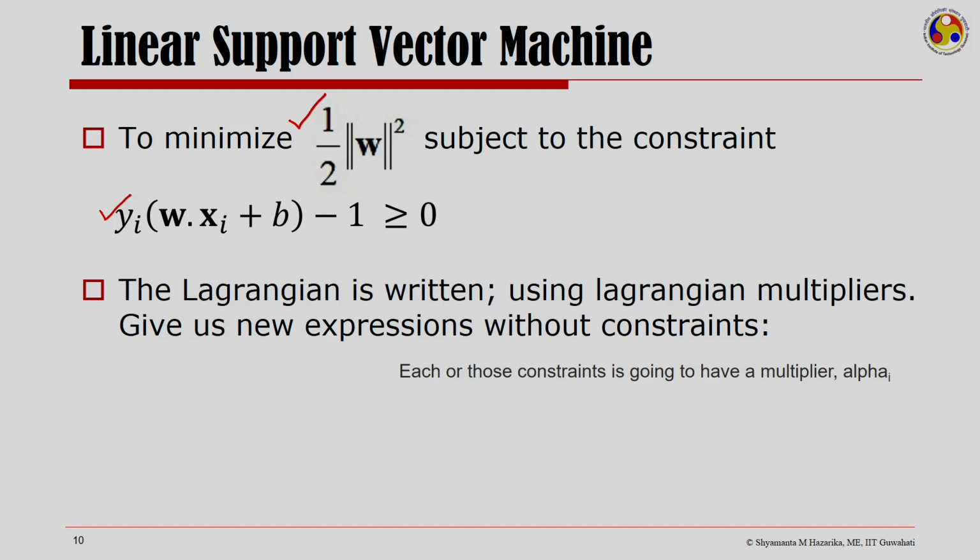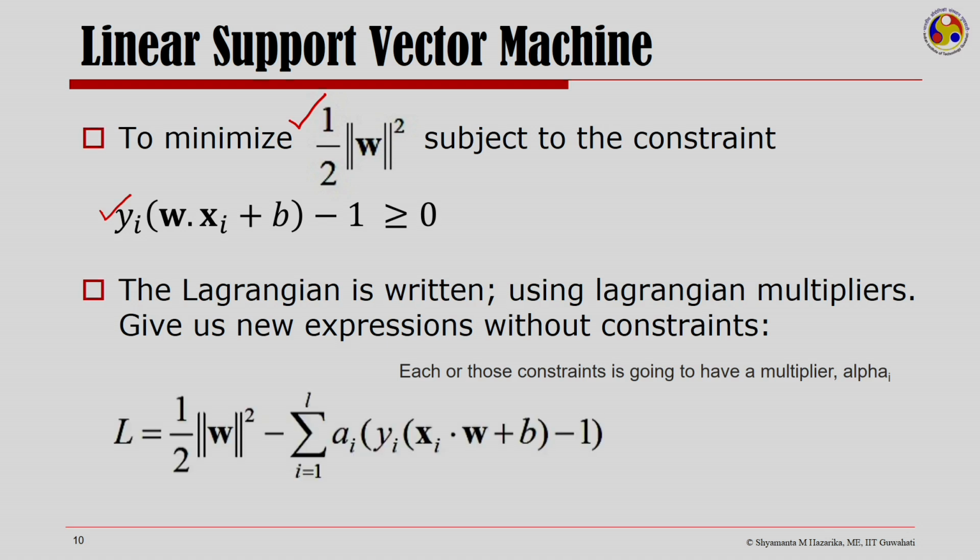Each of those constraints has a multiplier alpha i. Basically, we write the Lagrangian L as half of W square minus, for each of the sample points i which have to satisfy the constraint, a term multiplied by the Lagrangian multiplier alpha i, and then we have this whole equation, which is the Lagrangian.